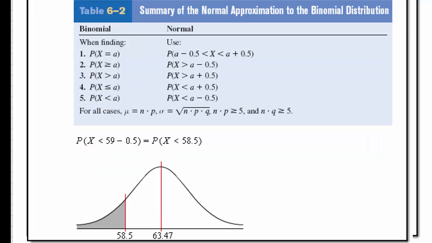When I slide that graphic up, you can see how that looks. We have 58.5 right here because we had 59 minus 0.5. And 63.47 was our mean.